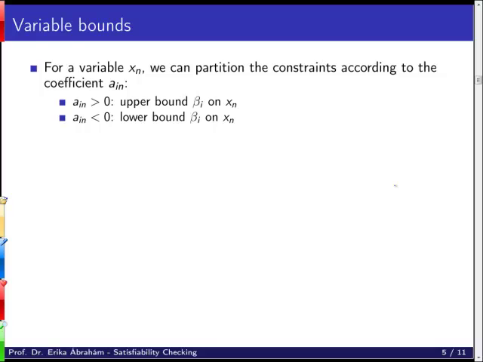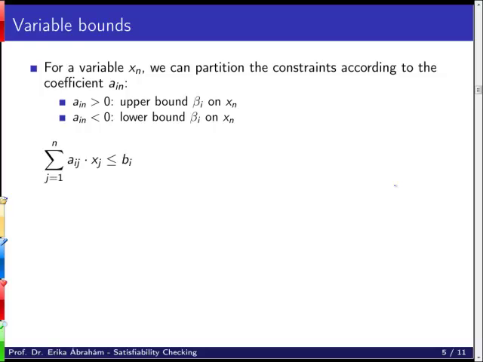For nonlinear constraints, this is not doable anymore. Okay, so what we do is, if we pick variable xn, then we partition the constraints according to whether this constraint puts an upper bound on our variable or a lower bound.